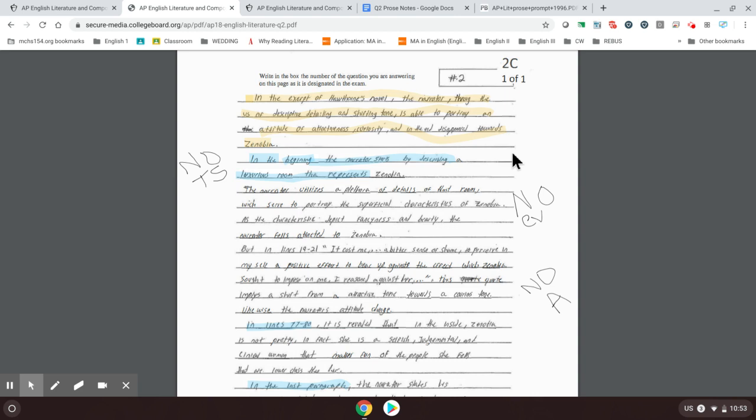Why does this description of the room mean that the narrator finds her attractive? How does he feel about the room? So there is no analysis, no evidence. It's essentially just, here's a statement that I'm making, an arguable statement, and I'm not going to back it up with anything.